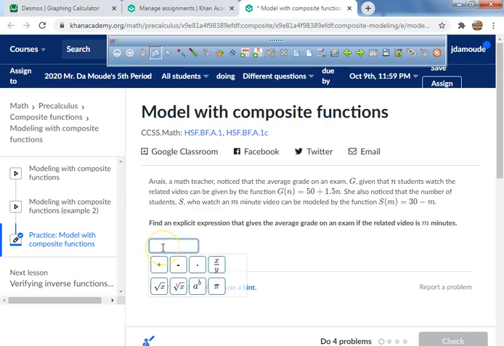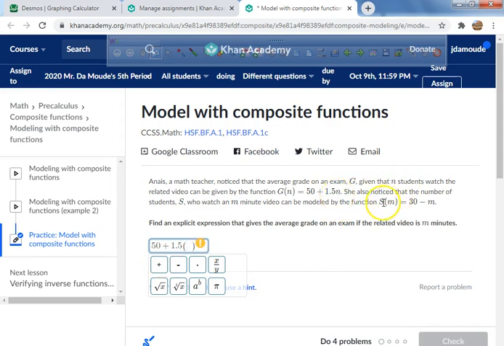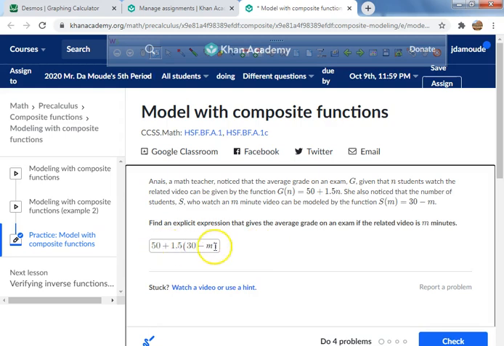So I'm going to type in 50, plus 1.5, and open a parentheses. And for N, which represents the number of students, I'm going to write S of M, which also represents the number of students if M minutes of videos are watched. So after I have that, this is the expression.